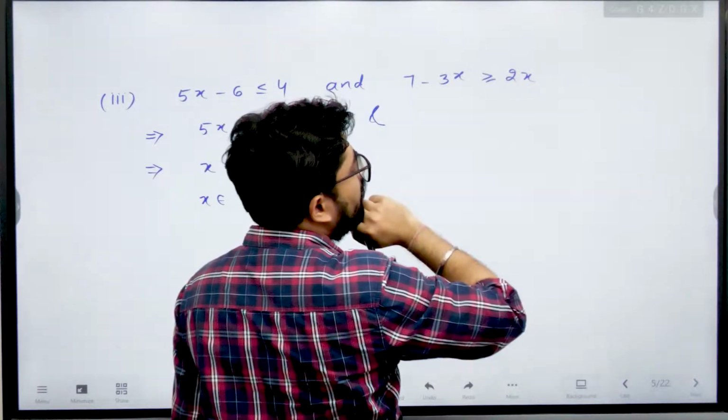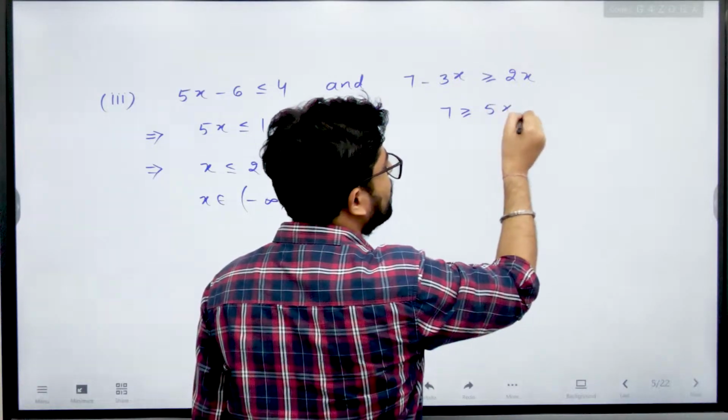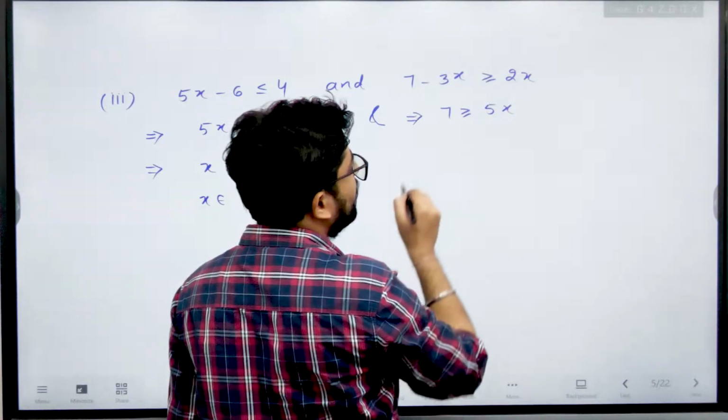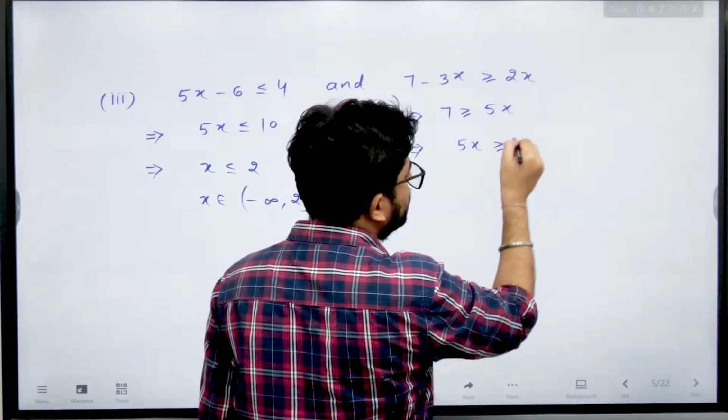And this is the second one. Take 3x to the right hand side, you will get 7 greater than or equal to 5x, or you can say 5x less than or equal to 7.